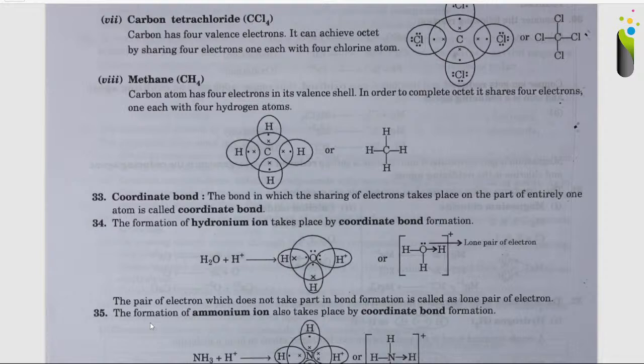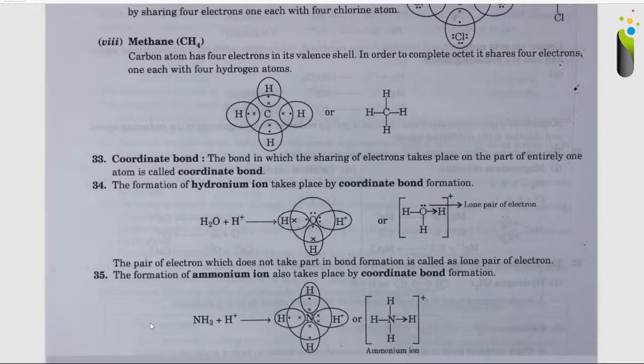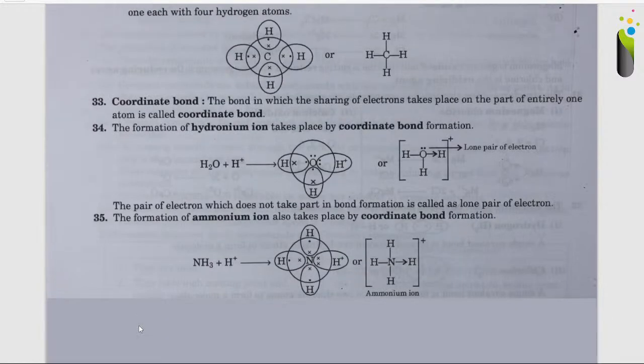Coming to the next, that is coordinate bond. The bond in which the sharing of electrons takes place on the part of entirely one atom is called a coordinate bond. The formation of hydronium ion takes place by coordinate bond formation. So hydronium ion is formed by the combination of H2O plus H+. You can look on the screen and understand why it is called a coordinate bond.